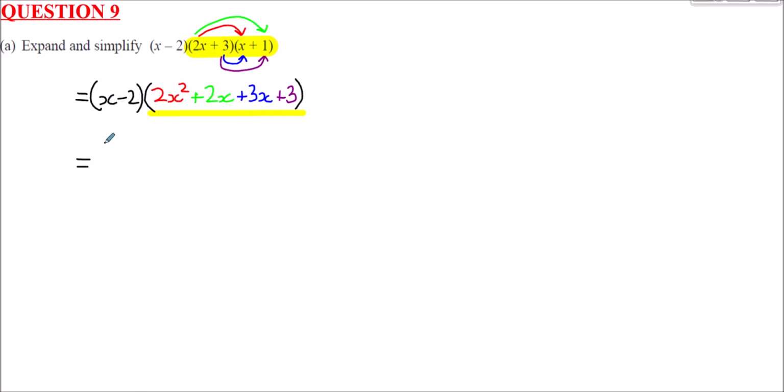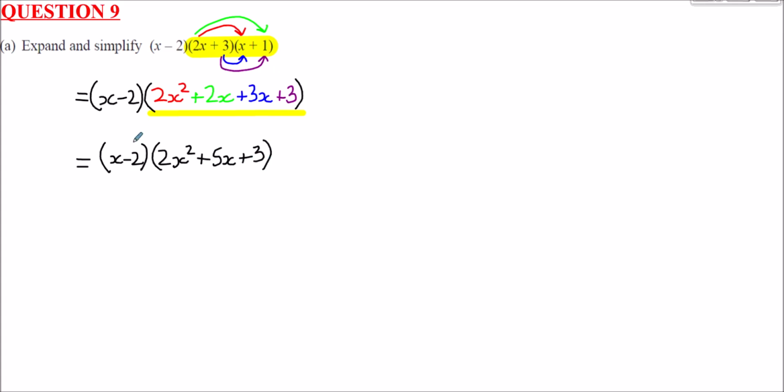But before we do that, let's simplify what we have underlined in yellow. So 2x squared, there's only one x squared term, which is the 2x squared. However, positive 2x and the positive 3x we can group together to be positive 5x. And the plus 3 is just standing alone like so.